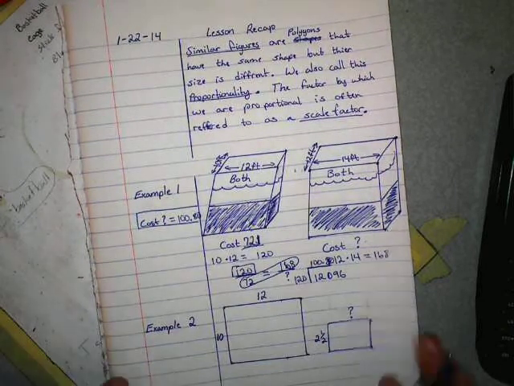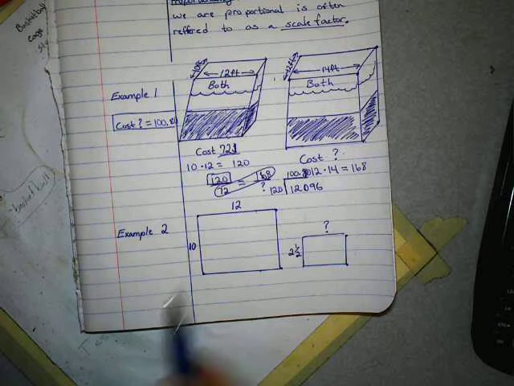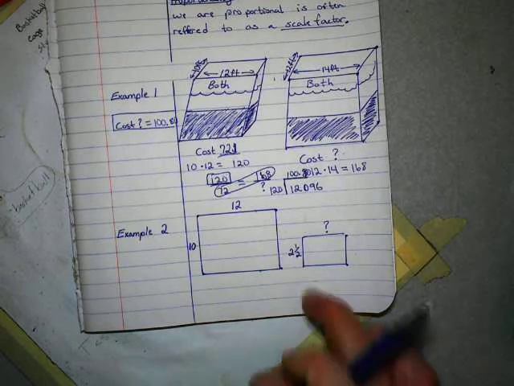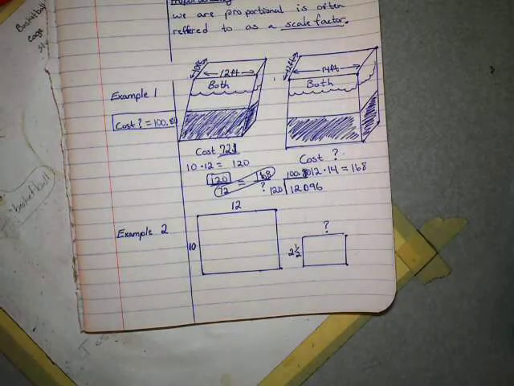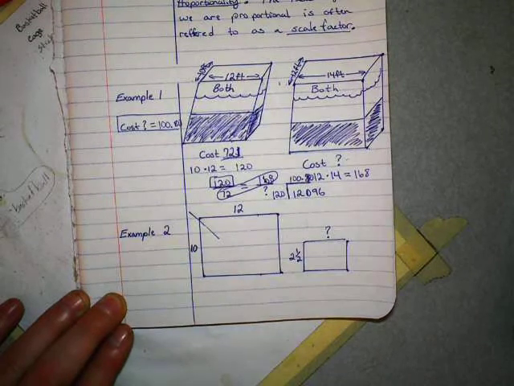So, similar shapes, for example number 2. We've got two similar shapes, 10 to 12 on this first shape, and 2.5 to, well, we don't really know. When you have a drawn picture that's similar, take your pen and draw a line between the two numbers you have.